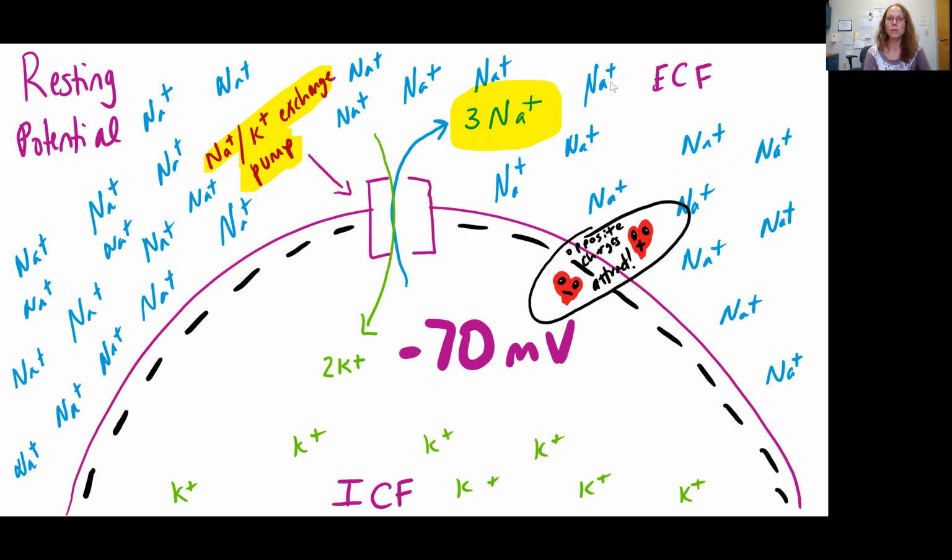So that when we actually measure across the membrane, our resting cells have a slight negative charge. Now this negative charge varies cell type to cell type, and our textbook tells us that the neuron's resting membrane potential is negative 70 millivolts. So that's the number that we're going to be learning in this class.